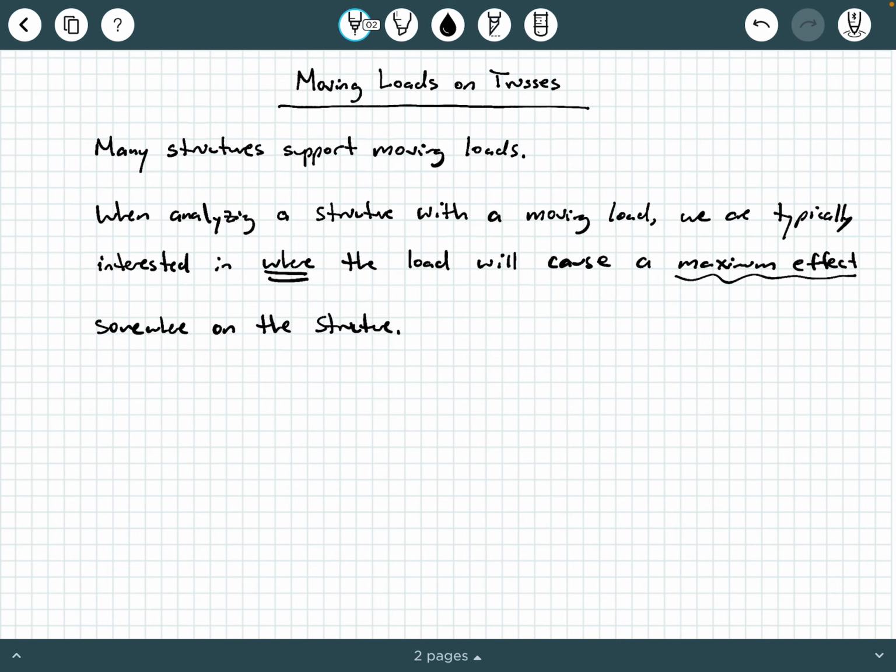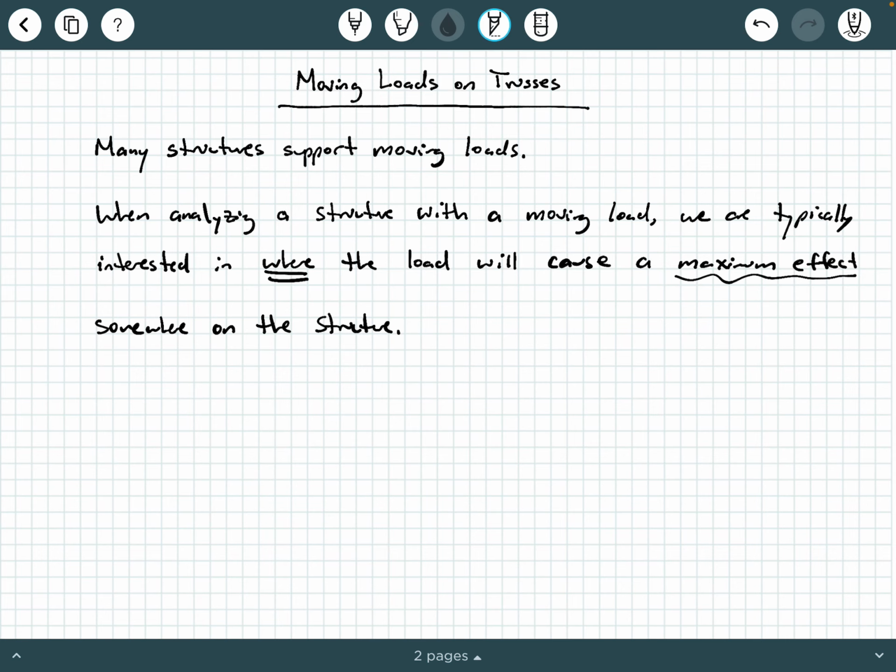Let's think about that sentence for a second, okay? We are typically interested in where the load will cause a maximum effect somewhere on the structure, okay?